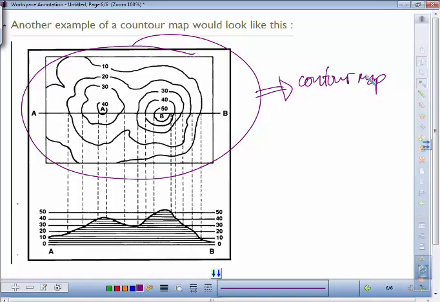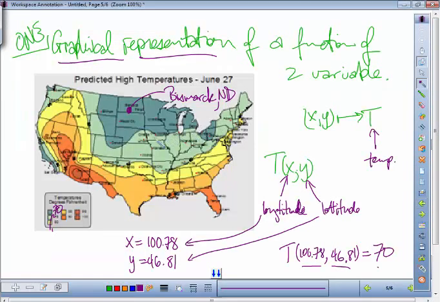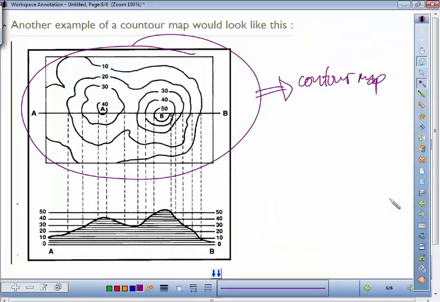And much like that shaded map, this is the same thing, except it doesn't have a shade. It still has those lines to represent the contours. And then they just color it in to say, oh, it's darker over here, so it's colder. It's lighter over here, so it's warmer. Except over here, it's the same thing, but with no color. Instead of color, they give you markers, like 50, 40, and 30.